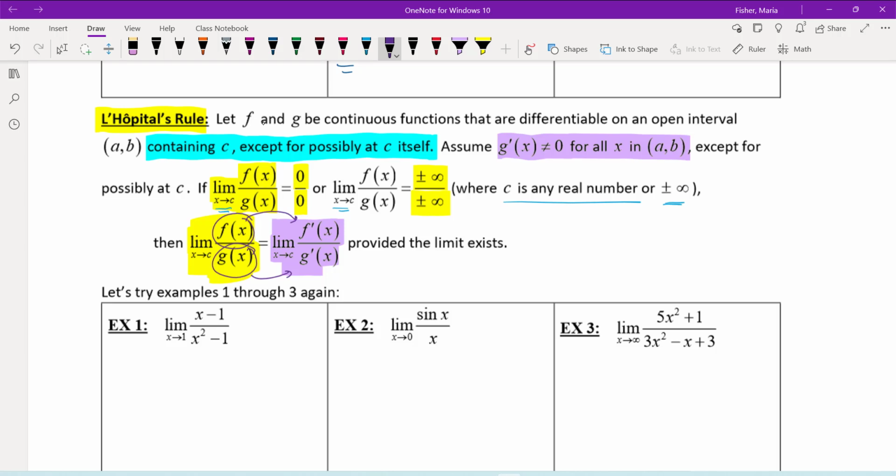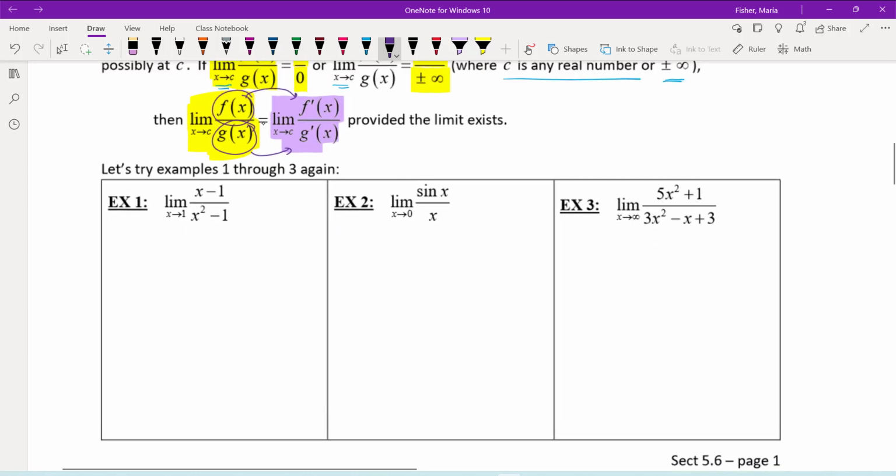What L'Hopital's rule is saying is that if you end up with indeterminate form 0 over 0 or infinity over infinity, then the limit is equal to the limit of the derivative of the numerator divided by the derivative of the denominator.